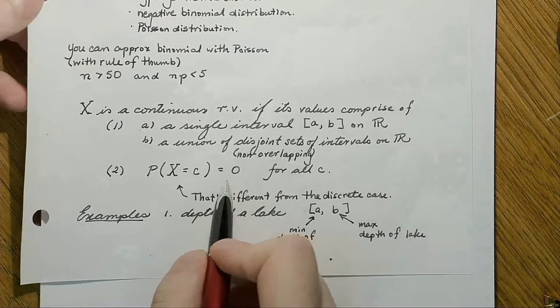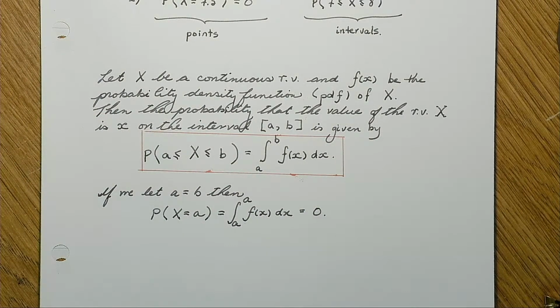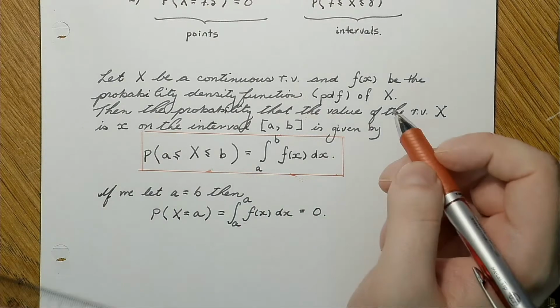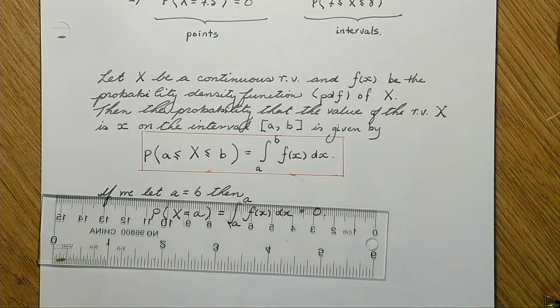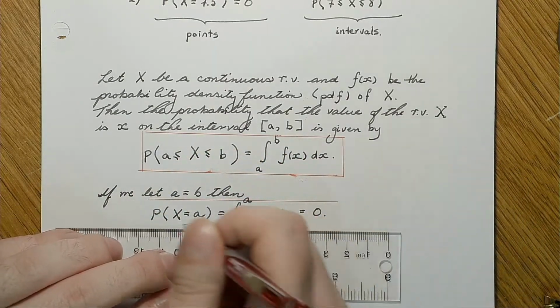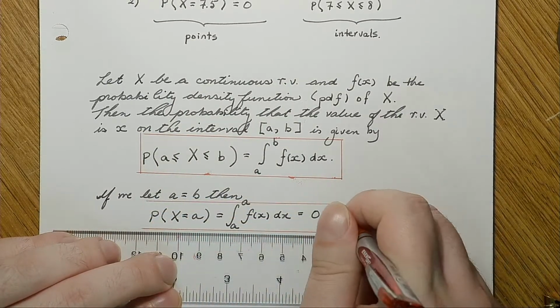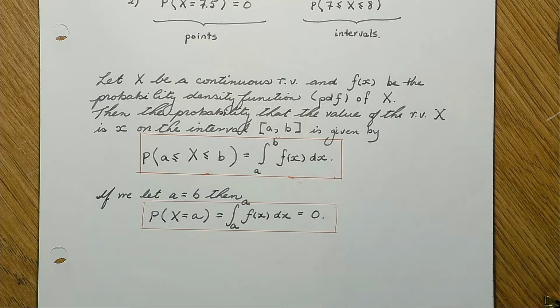Perfect. So again, when we're thinking of continuous random variables, we're not thinking about points anymore, but we're thinking about intervals. So I'll put this in red.